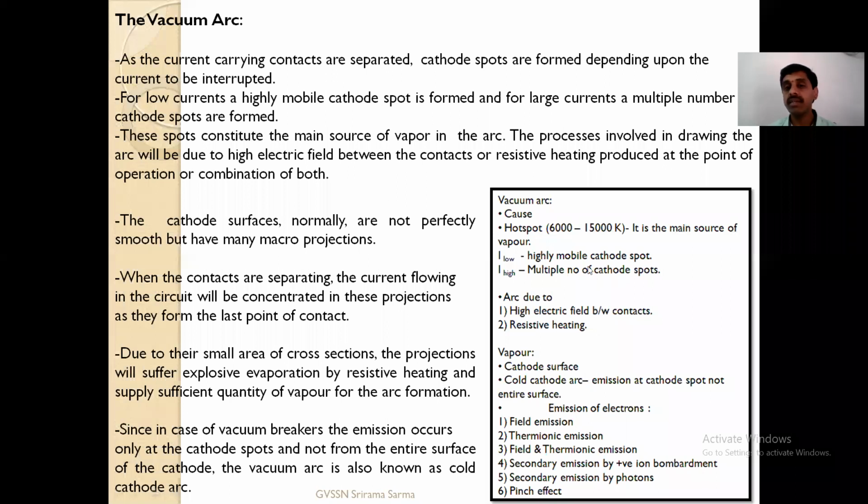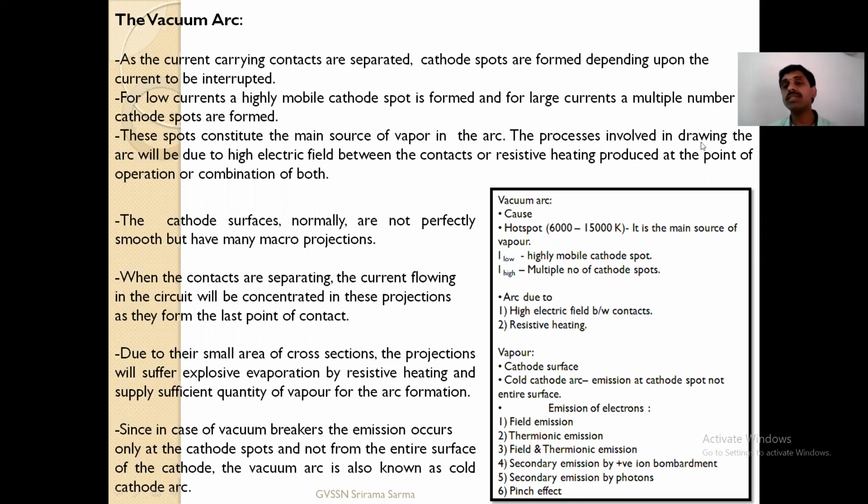For low currents, there is a highly mobile cathode spot. For high currents, multiple cathode spots will be created. These spots constitute the main source of the vapor that is produced in the vacuum circuit breaker.